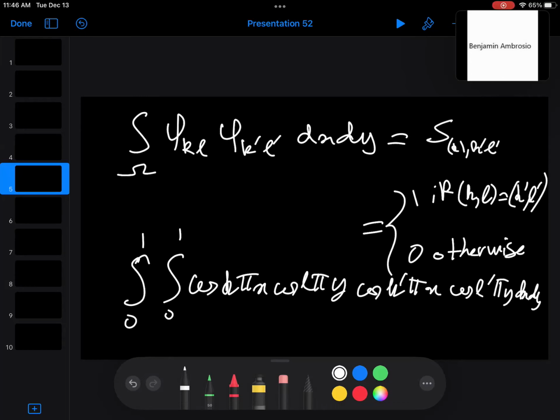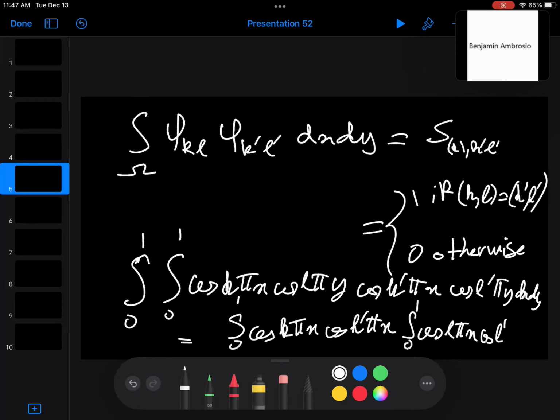As you see, I can separate these things, so I get the integral between 0 and 1 of cos(kπx) cos(k'πx) times the integral between 0 and 1 of cos(Lπy) cos(L'πy) dy, and here I forgot the dx.